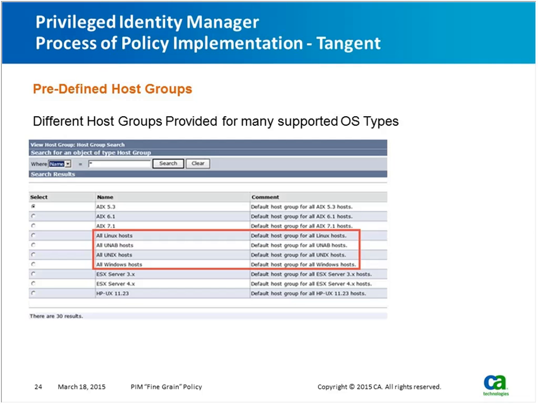PIM, Privileged Identity Manager, does come with its own predefined host groups. As you can see here on the slide, when you activate the agents, they phone home, or talk back to the infrastructure. When it does that, it sends back a set of information stating, this is my host name and I'm this operating system.